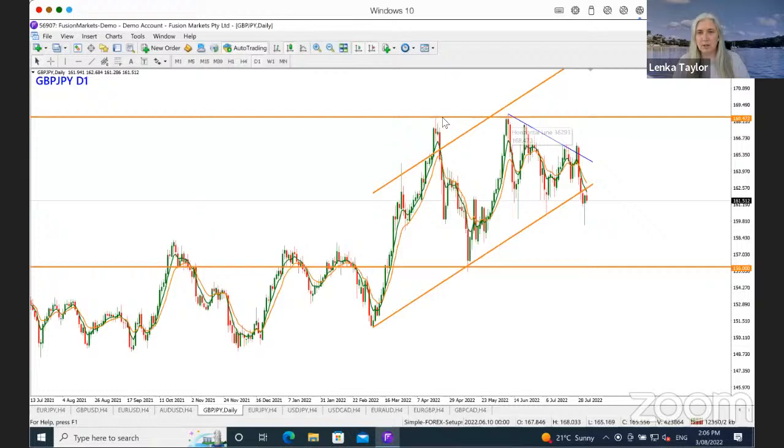It did reach the previous level of resistance twice and has pulled back. So I'm looking at that price action reversing and going further down to the bottom of that channel, either from where it is or from the top of that trend line.